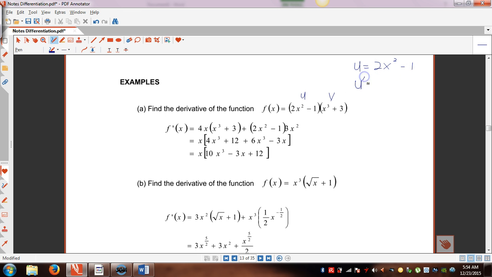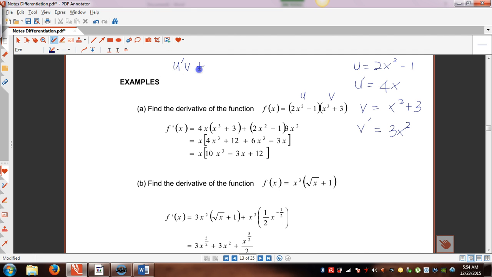Then we have u prime. So differentiate 2x squared minus 1, then we get 4x, right? Then we have v equal to x cubed plus 3. So we have v prime: we differentiate x cubed plus 3, then we get 3x squared, right?